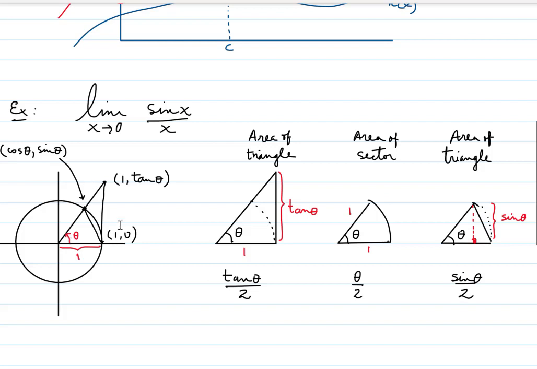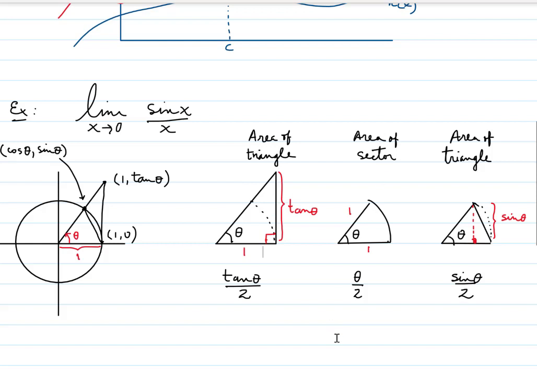First of all, look at the big triangle. The area of any triangle is base times height divided by 2. We know this is 90 degrees, so tangent of theta is the height. So tangent theta times 1 divided by 2 is tangent theta over 2. That would be the area of this triangle here.